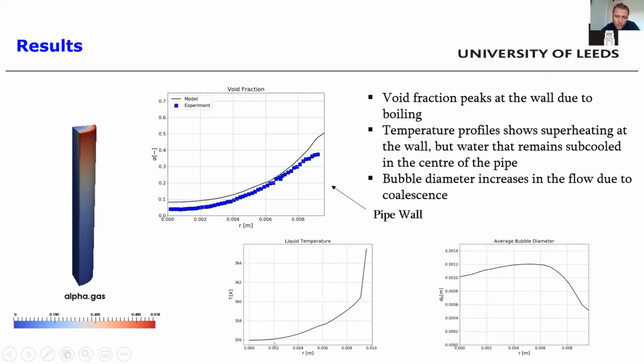You see the wall temperature and the liquid temperature across the radius here, that goes from below saturation, 356 in the center, so the liquid is still subcooled, to oversaturation, so boiling happening near the wall. And you see here also the radial profile of the average bubble diameter. You see how bubbles are small at the wall and then increase in size because of coalescence in the center of the pipe. So I think I'm just on time.